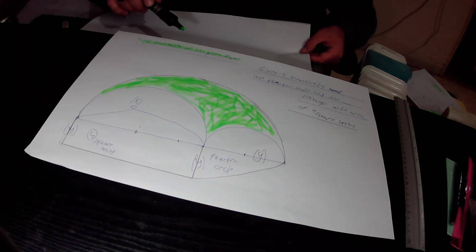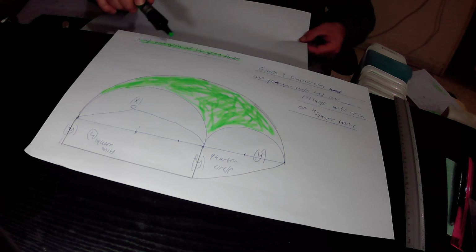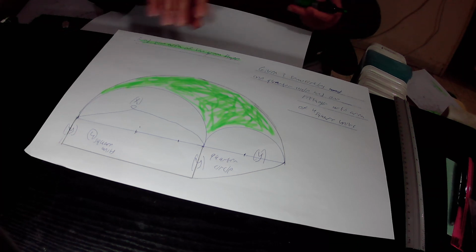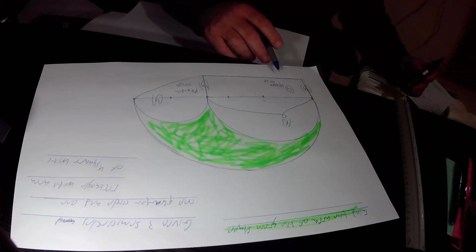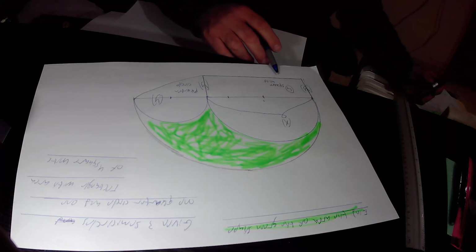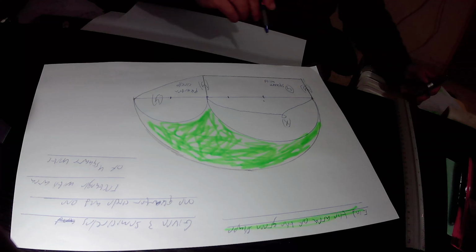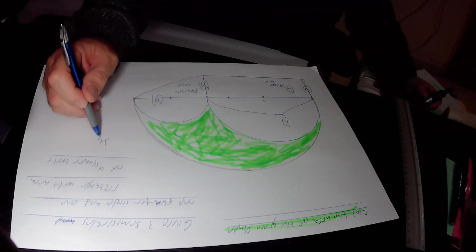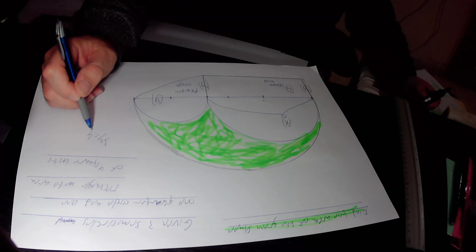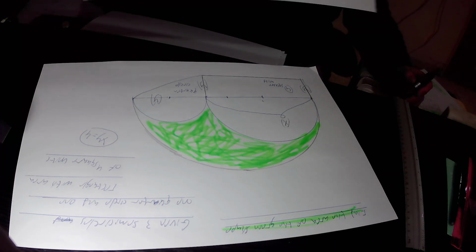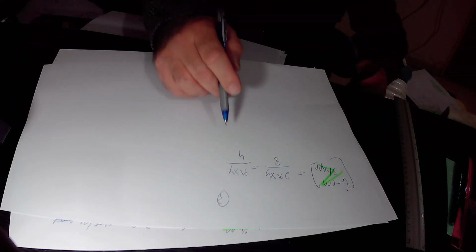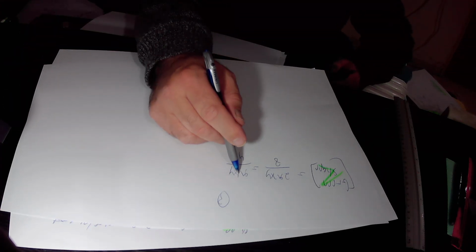x times y is the area of this rectangle. This is equal to 4 according to what is given in the question. x times y is 4. So we can substitute x times y here by 4.